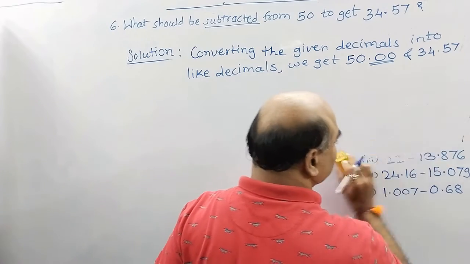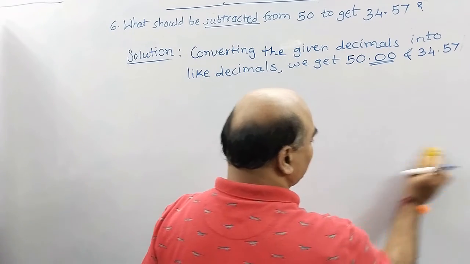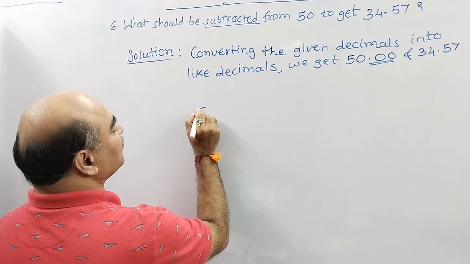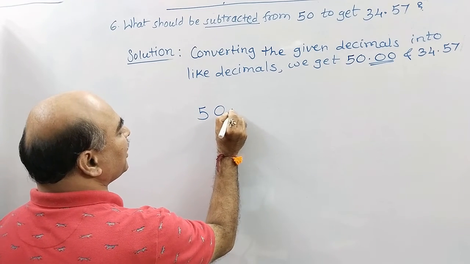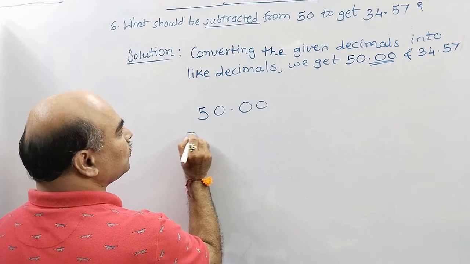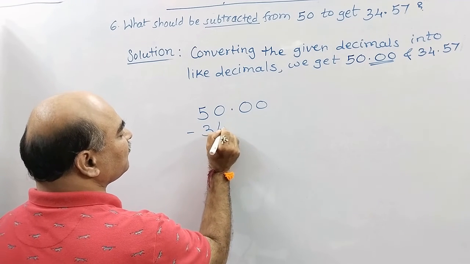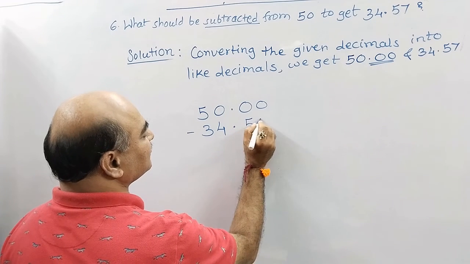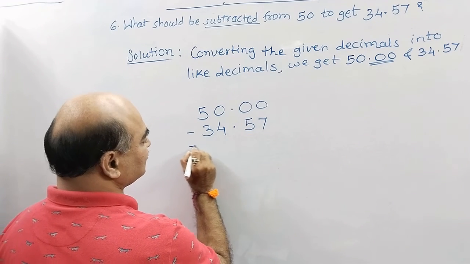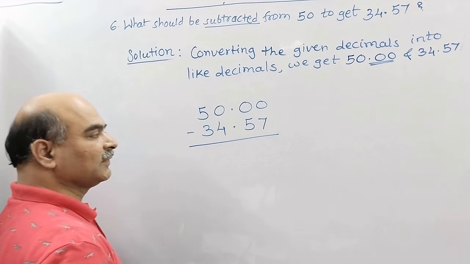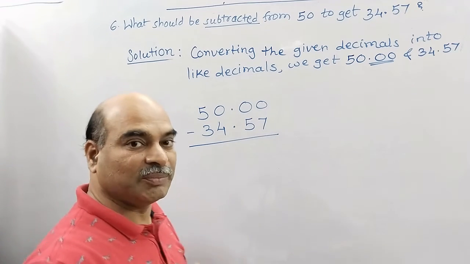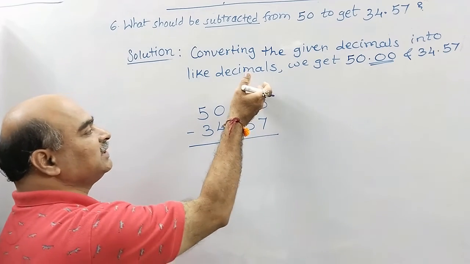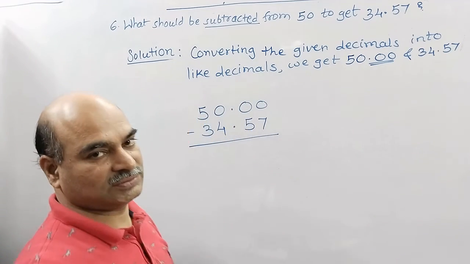Now we write 50.00 minus 34.57. Again, as in the previous question, we have zeros serially.